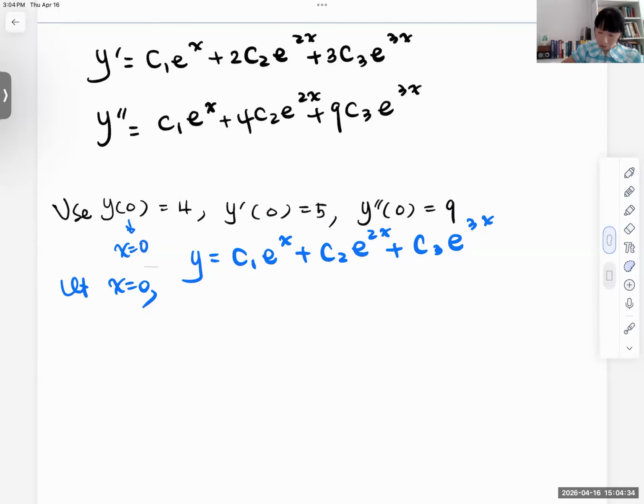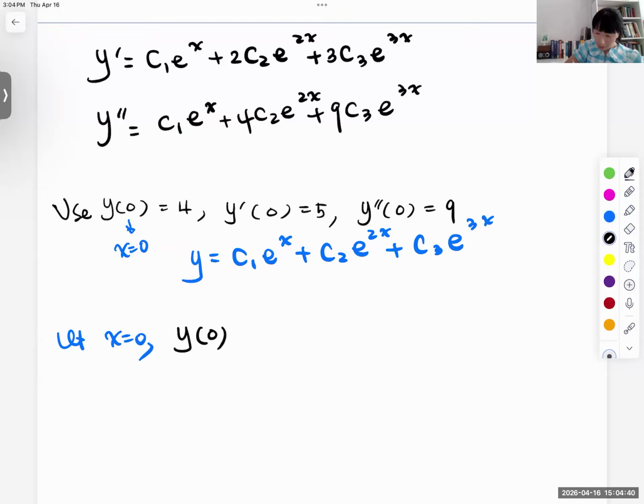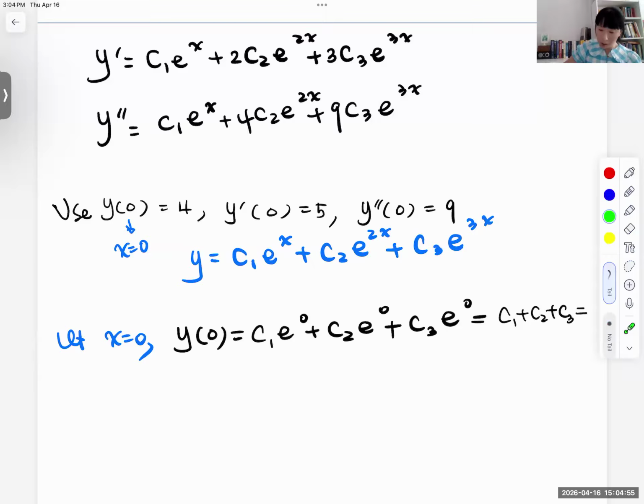All right, so let me erase. Okay, so y of 0. All right, so c sub 1 e to the 0, c sub 2 e to the 0 plus c sub 3 e to the 0, which is c sub 1 plus c sub 2 plus c sub 3, and it's a 4, right? So it's a 4.